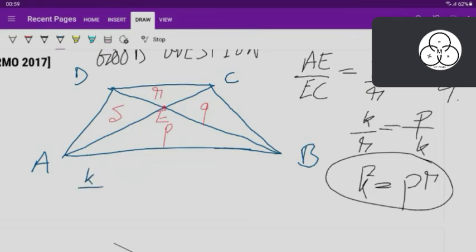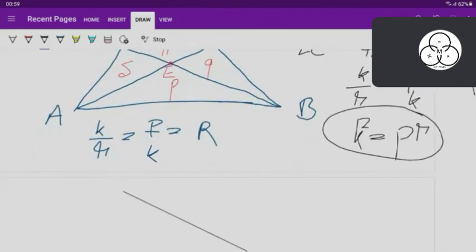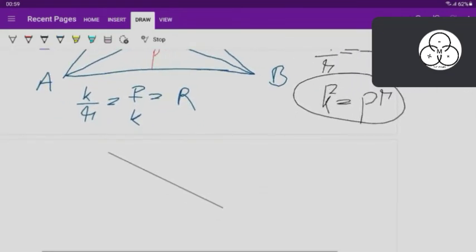Fantastic. Nothing. K by R equals P by K equals some R, which is the common ratio of a GP. These are the terminologies. Now we do not need to go for the terminology.